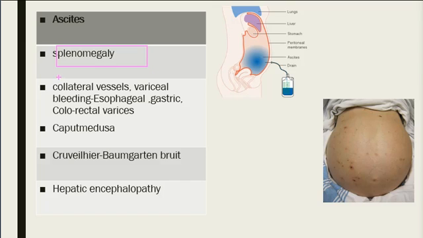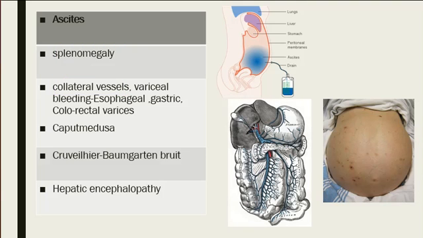Apart from that, we see collateral vessels. What does this mean? The next thing that we see are esophageal varices, gastric and colorectal varices. Now what this means is, because of the increased portal hypertension, instead of the blood going where it was supposed to, there will be formation of collateral portal blood flow, right?